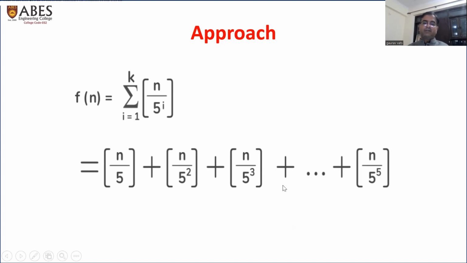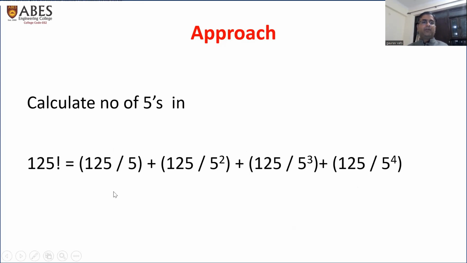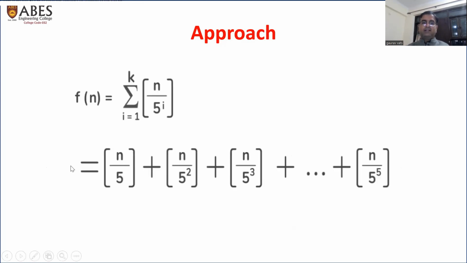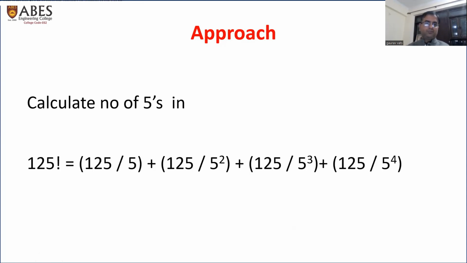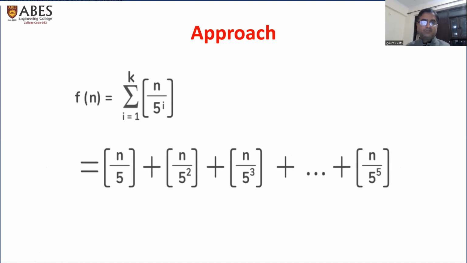In the similar manner, if you want to calculate the factorial of 125, the value of n is 125, we'll put it in this formula and we'll get our desired answer.